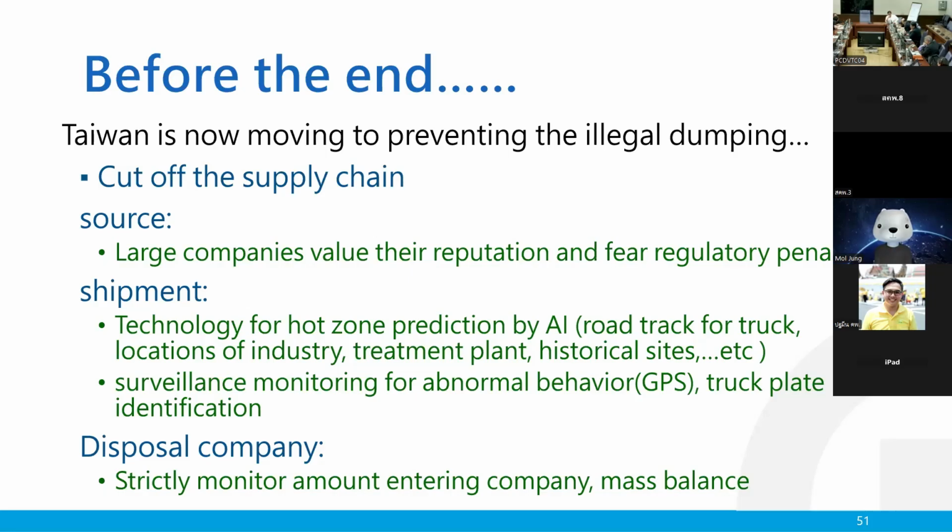And also we will do surveillance to monitor for abnormal GPS tracks. If a truck reports it will go from A to B, and instead it comes from A, then disappears somewhere in the middle, then suddenly appears at B, there will be a problem.